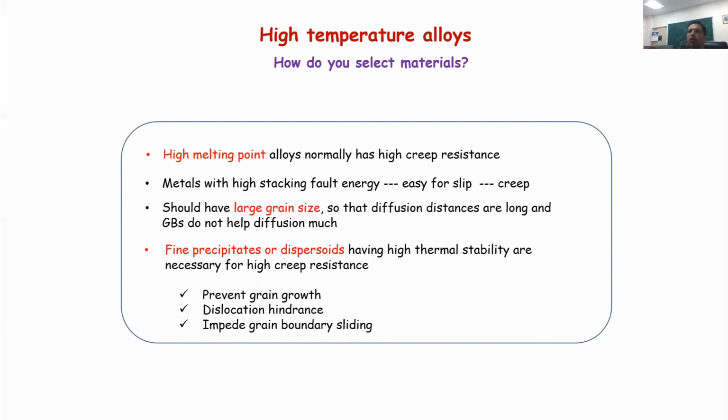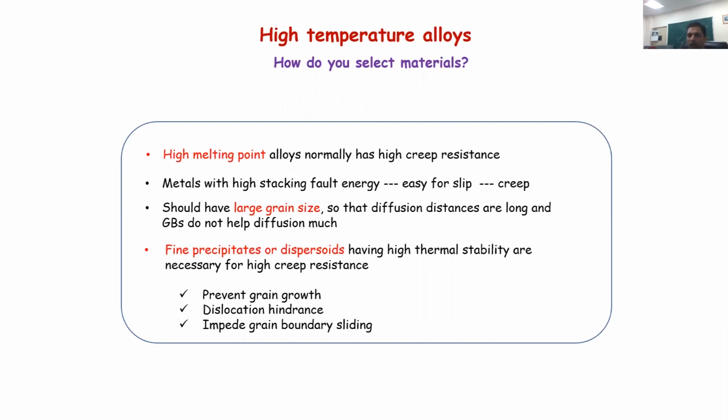Metals with high stacking fault energy have easy slip compared to twinning, and when you have easy slip, then you can have creep. So it is better to avoid metals with high stacking fault energy.